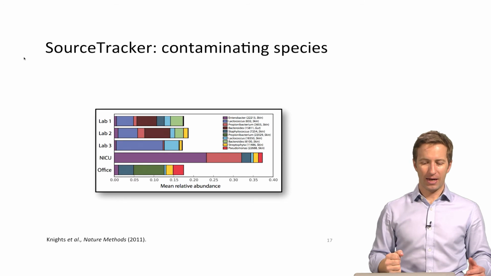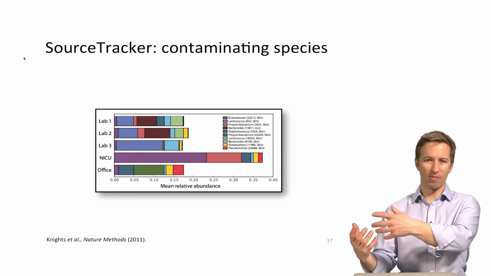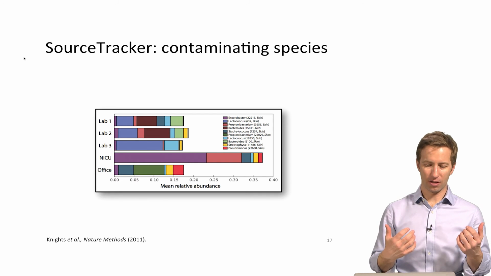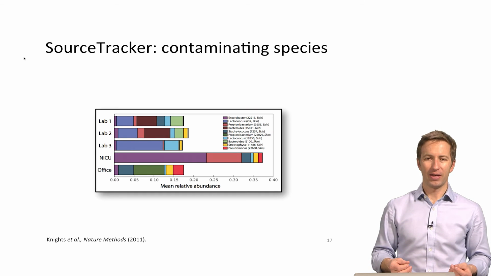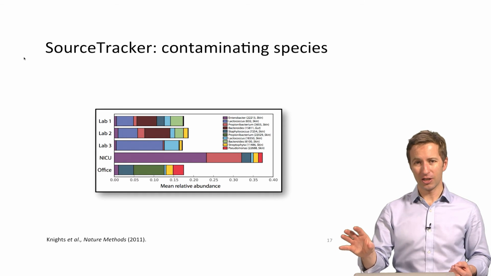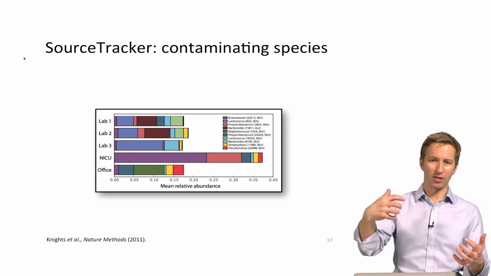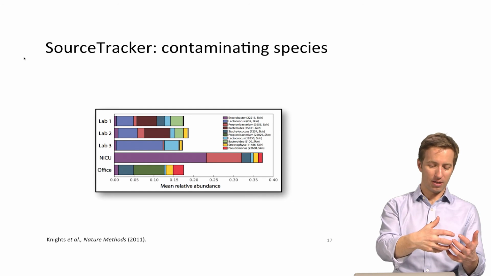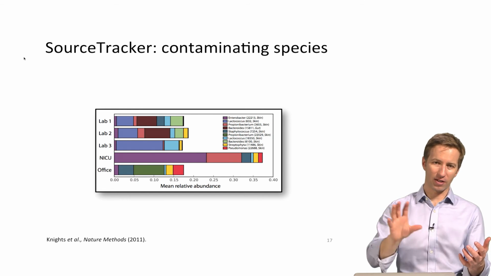Or if you wanted to actually remove all of the contamination from a given source, like let's say you ended up with skin contamination in some of your samples, if you had a good estimate of the contamination source, you could actually run Sourcetracker and figure out which bugs to pull out, not the entire bug, but just some of its counts to remove the effect of the contamination.